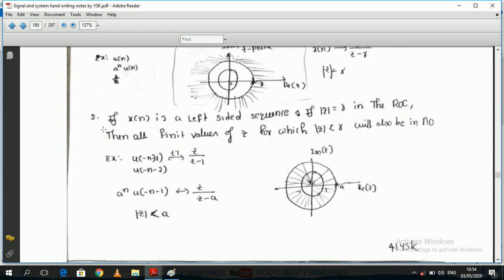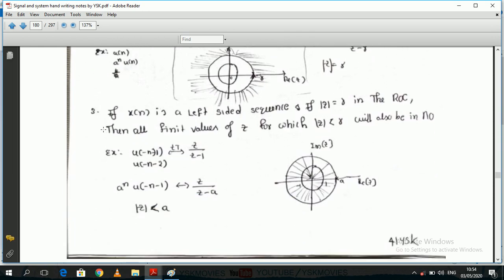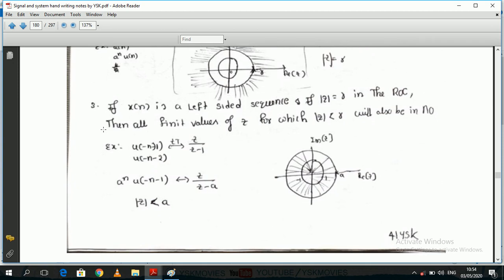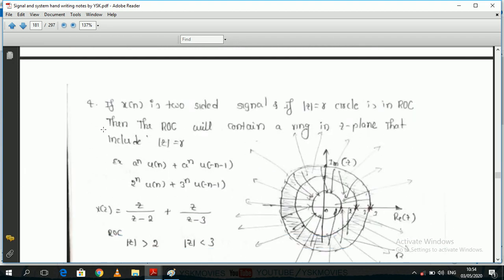If x of n is a left-sided sequence, then the ROC becomes the inside of the circle. And if it is both right-sided and left-sided sequences, such type of signals, then we can draw the ROC like this. So that means this is inside of one circle and outside of the other circle.